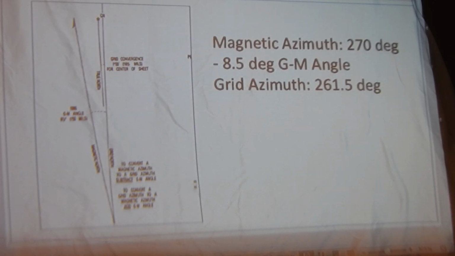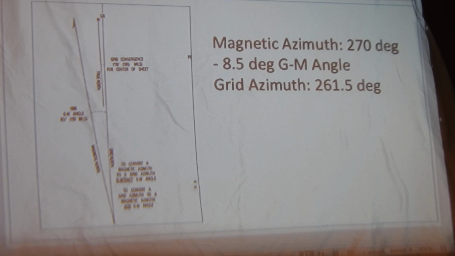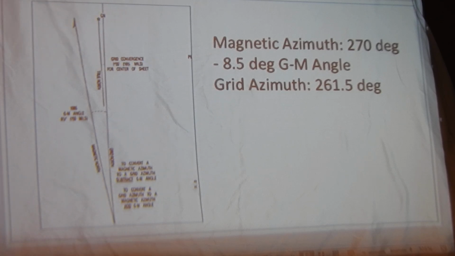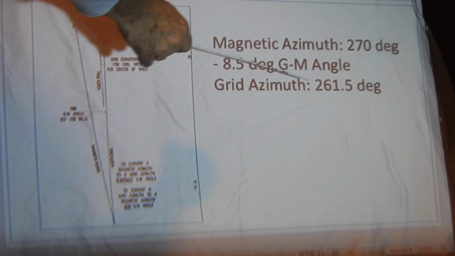In this example, we're going to go from a magnetic azimuth of 270 degrees to a grid azimuth of 261. Remember, with magnetic azimuth we're actually navigating. Now we need to plot it on a map, and on the map, that's the grid. So we're navigating, what we're actually physically walking on. We're measuring an azimuth, and we need to convert that to put it accurately on a map.